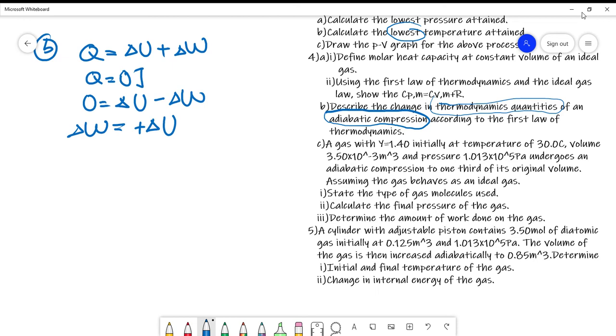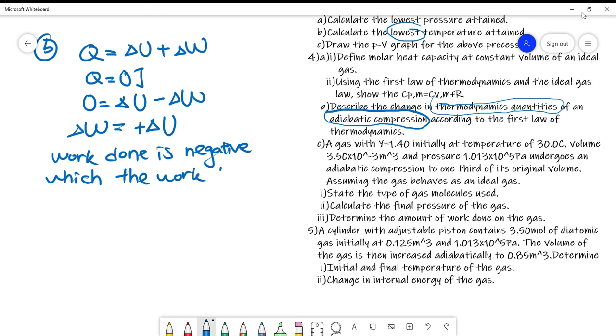So my work done is negative, which means the work is done on the gas.